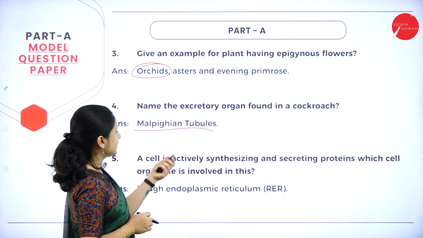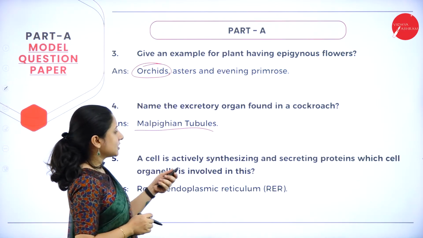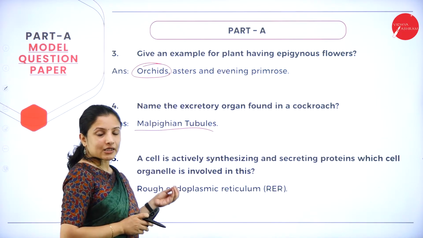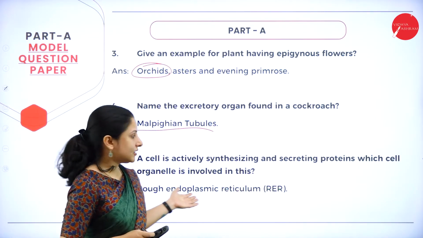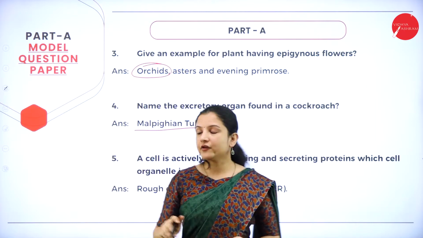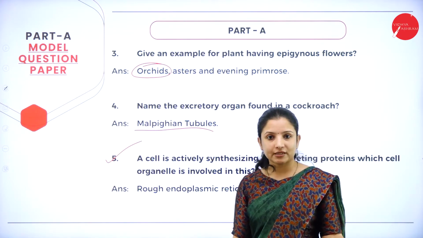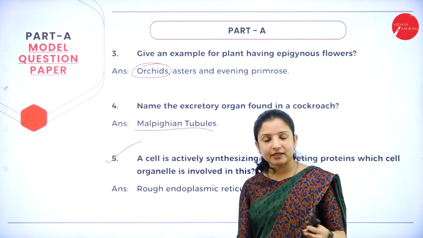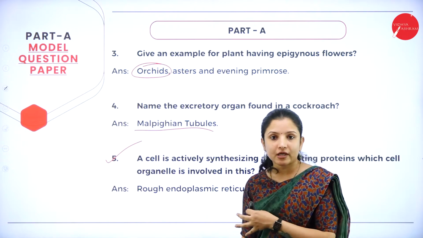Like you have: a cell is actively synthesizing and secreting proteins. Which cell organelle is involved in this? If you can see this question, that is question number 5 here, you might have noticed they have not asked you directly what is endoplasmic reticulum, or what is the function of endoplasmic reticulum. But they have given an assumption kind of question here.